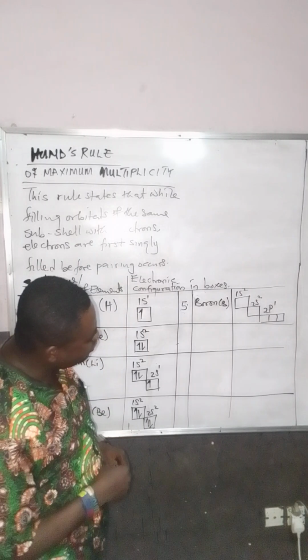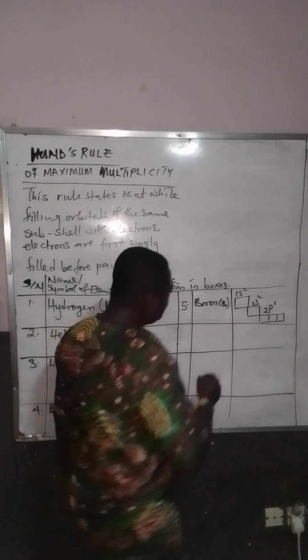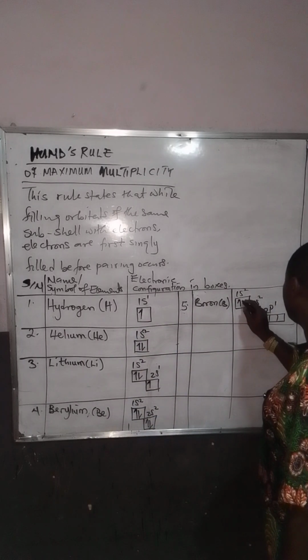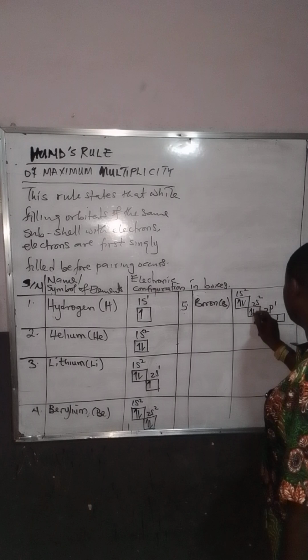Yes, you have got to where we are talking about now. For the two electrons in each s orbital, one electron goes up, the other one comes down.